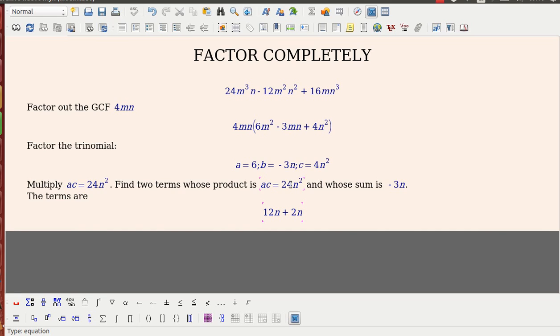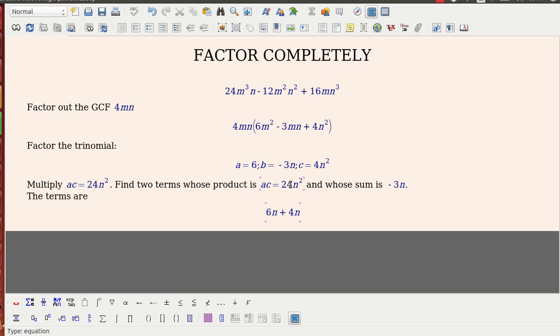So did we get it or not? No. So try another pair. 6 and 4. 6 plus 4 is 10. No. 6 minus 4.